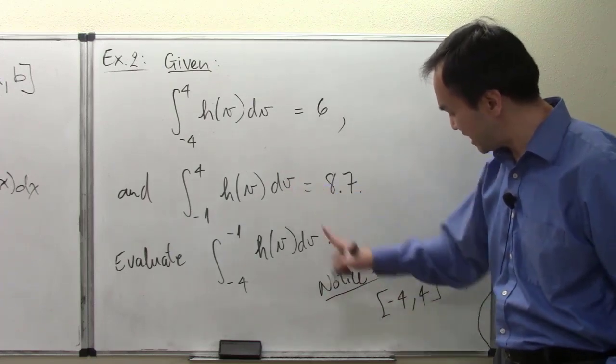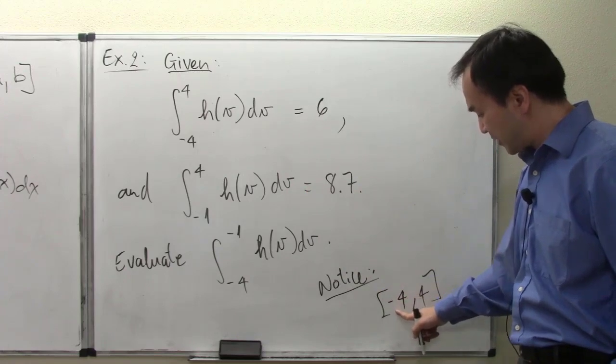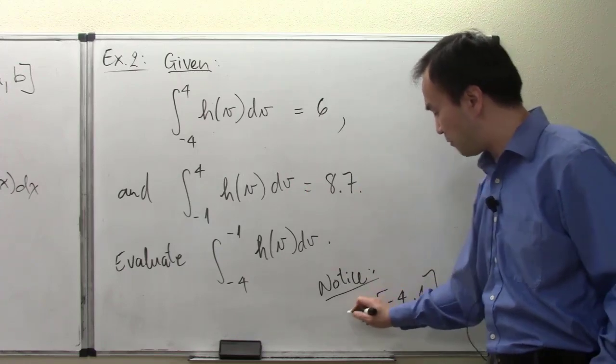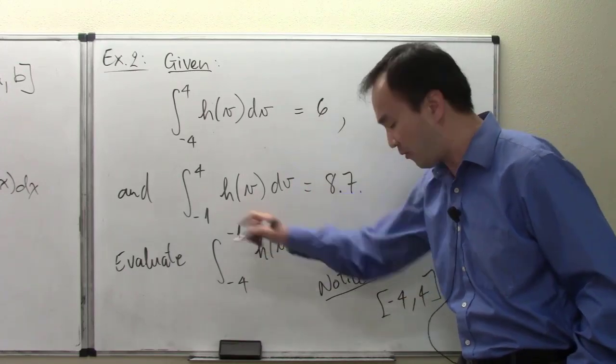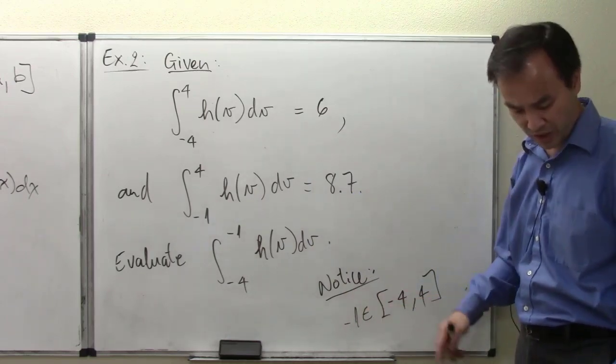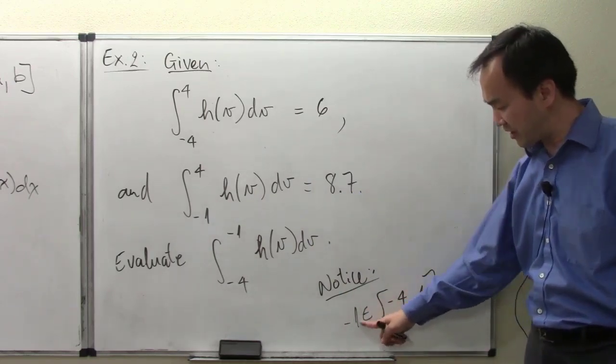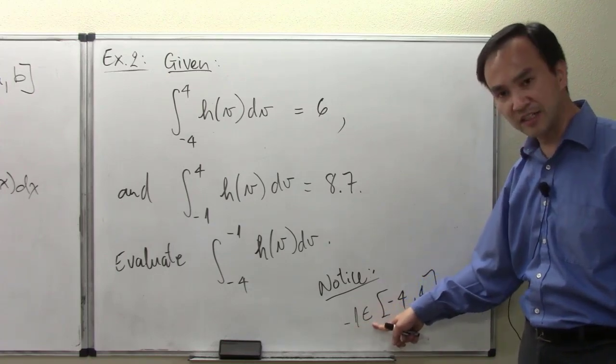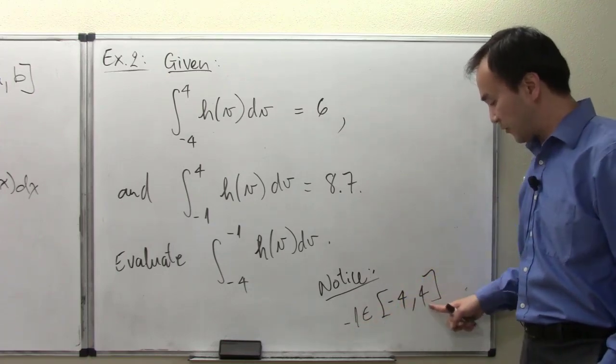So what I see here is that in the interval from -4 to 4, we notice that -1 is somewhere inside of that interval. It's just something we notice. So in my notation, -1 is a value that is inside of that interval from -4 to 4.